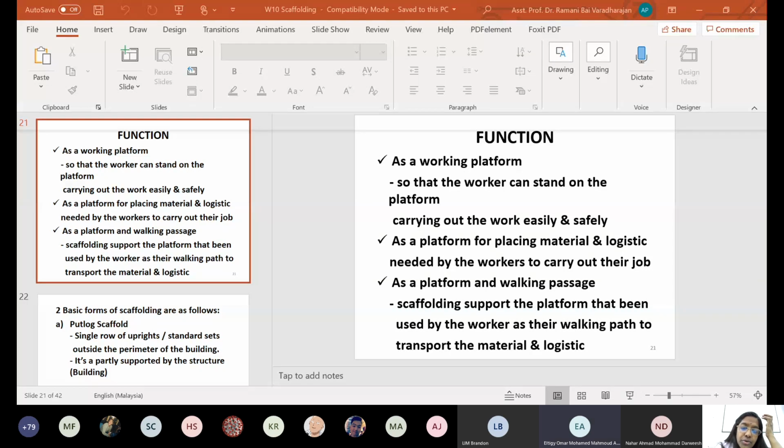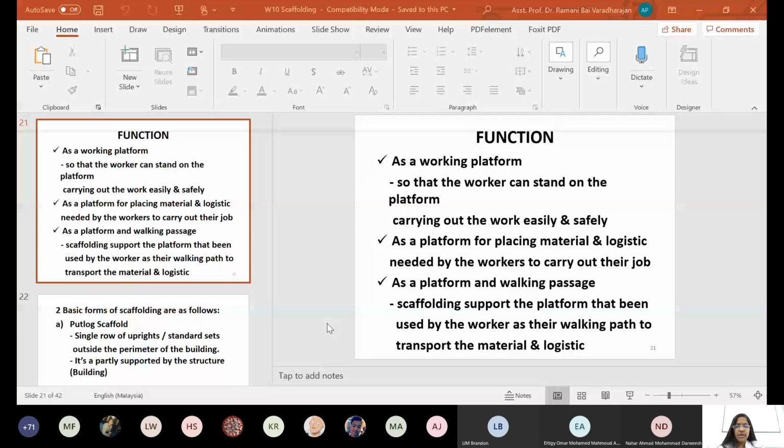Wait, I will share this for you. Can you see the main MS Teams now? Yes. Can you see the channel I'm opening? Can you all see the channels, General and Team Presentation? You can see, right? Now we see the slides.